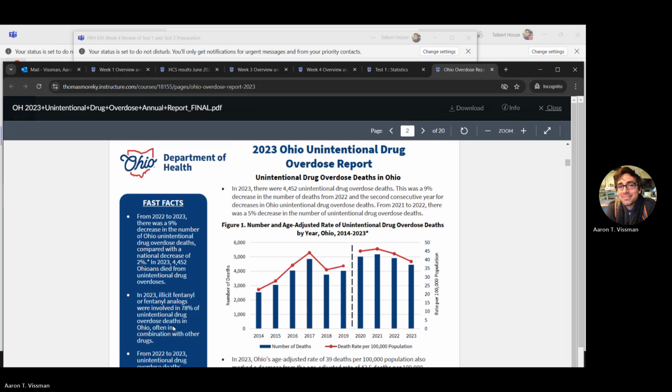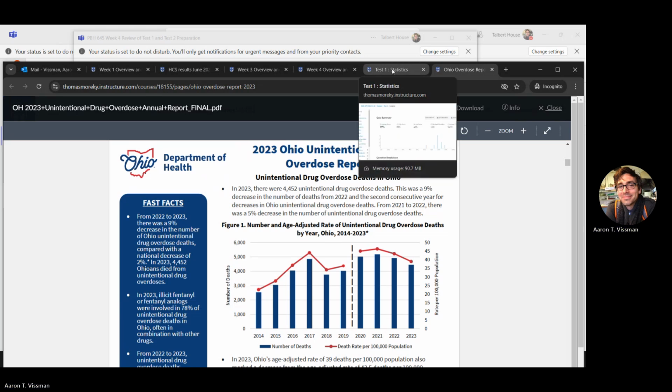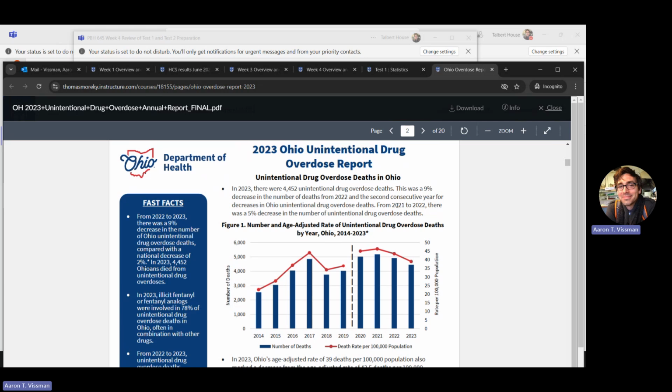And when we got back into the test questions, you were asked to identify particular counties with the highest rates, right? So here in this report, Scioto County in Ohio had over 130 deaths per 100,000 reported in this report. In Kentucky, in their document, Estill County was the highest, and it had in excess of 180 deaths per 100,000 in that county.